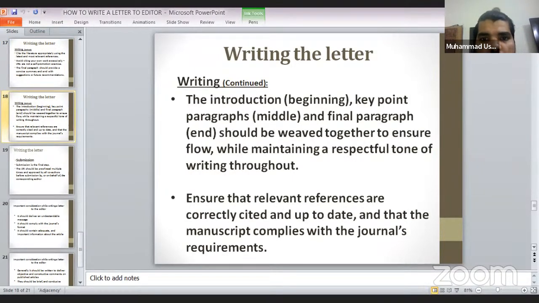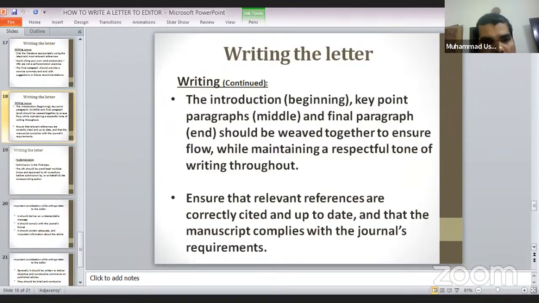And the introduction, which is the beginning, the key point paragraphs, the middle, and the final paragraph, which is the end, should be weaved together to ensure flow, and you should maintain a respectful tone throughout the writing of your letter.